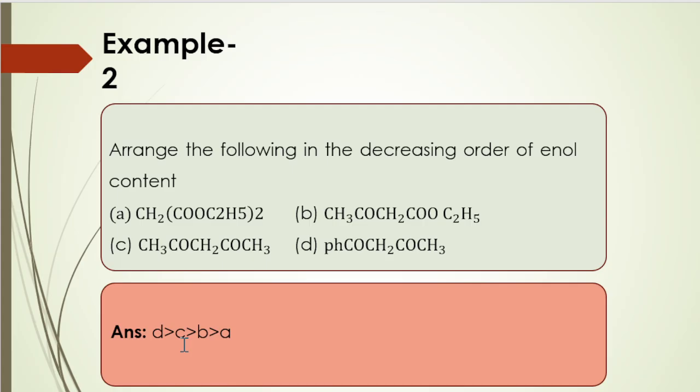Suppose we consider this particular example: arrange the following in the decreasing order of their enol content. If we consider this particular PhCOCH2COCH3, as there are two carbonyl groups, there exists an intramolecular hydrogen bond, and hence the enol form is more stable.